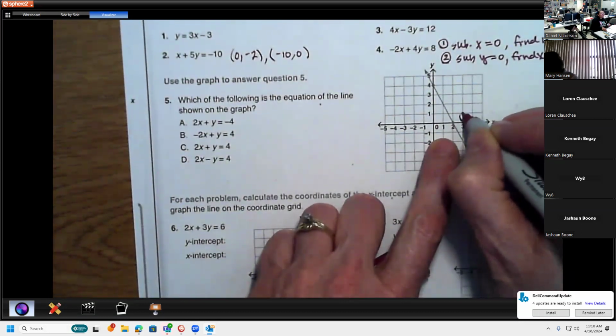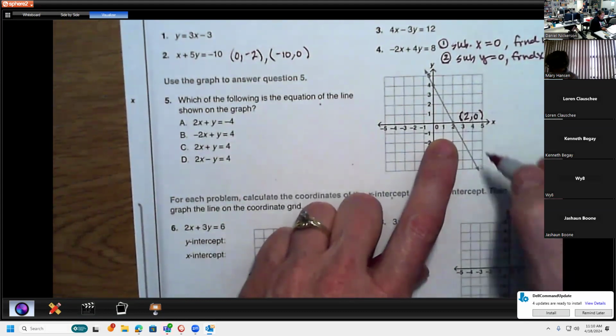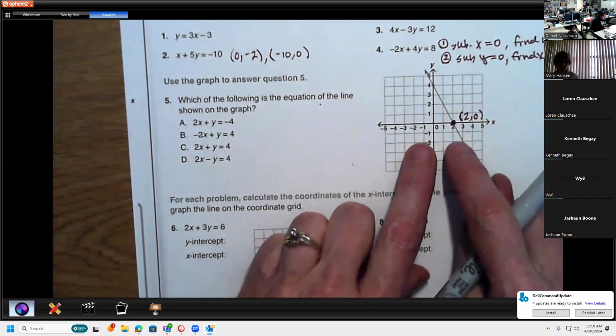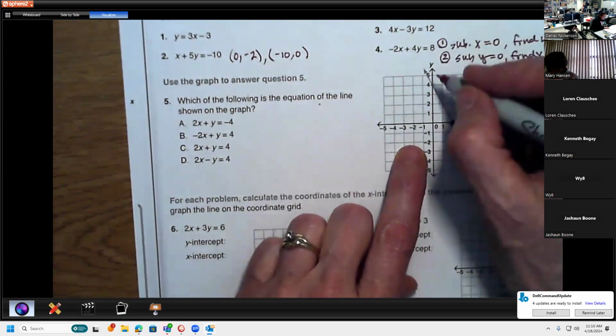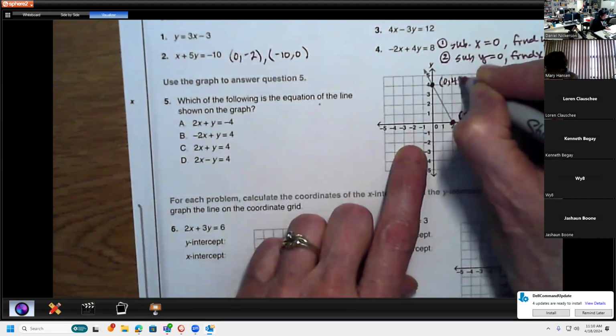The coordinates of this point are (2, 0), because I go over 2 and up 0. And the coordinates of this point are (0, 4).